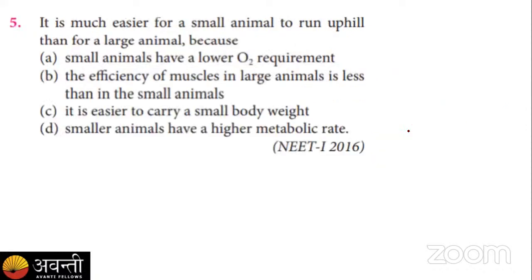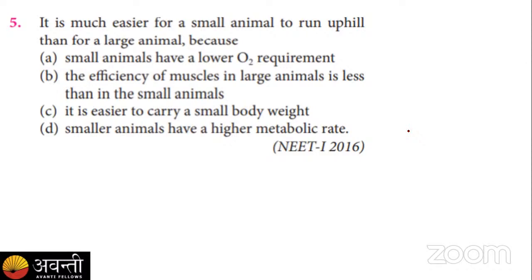Here is the next question. It says: it is much easier for a small animal to run uphill than for a large animal. We have to compare the small animal and the large animal here. For that, we have given 4 different statements.